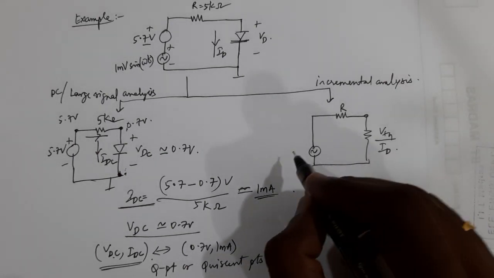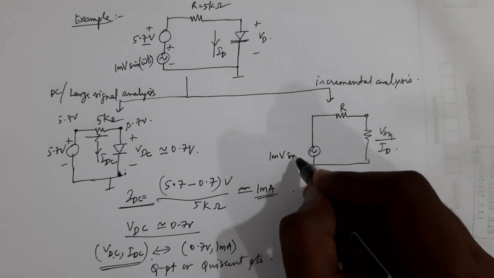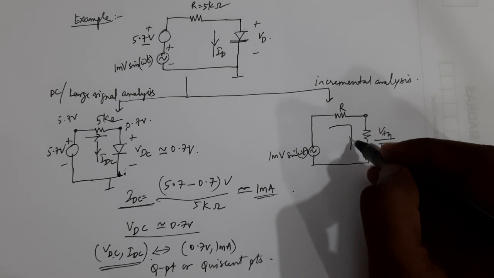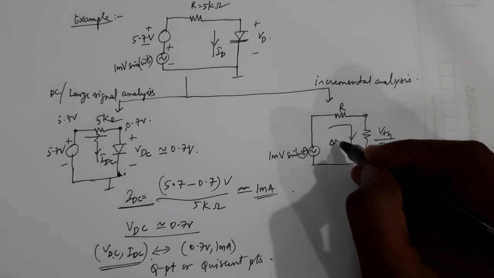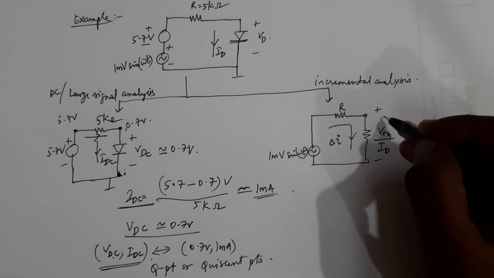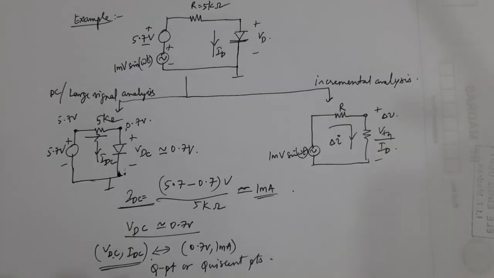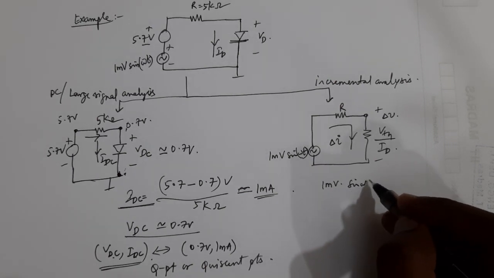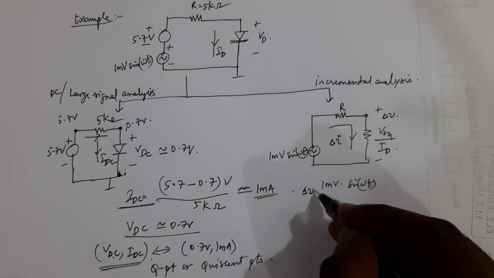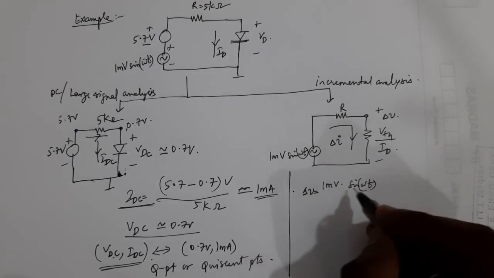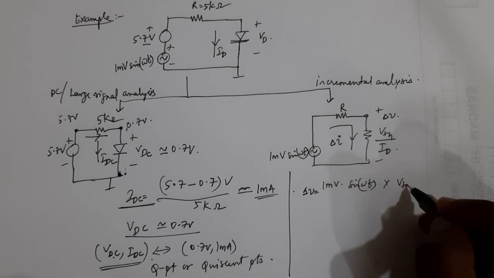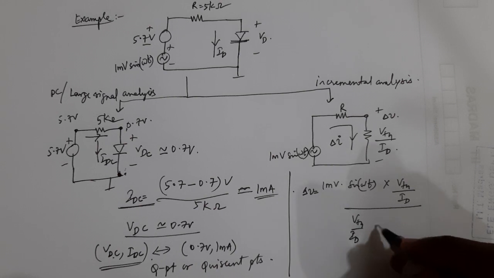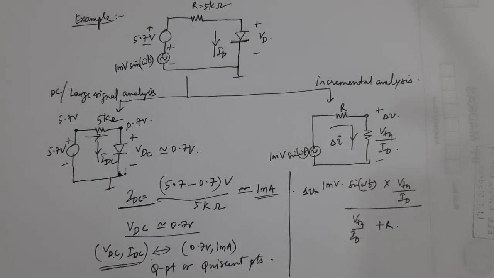So this particular voltage source is 1 millivolt sine omega t, okay, and this is the delta I, and this voltage is delta V, okay. So it is now straightforward. So delta V is equal to 1 millivolt sine omega t into VTH by ID divided by VTH by ID plus R, okay. So voltage divider rule.